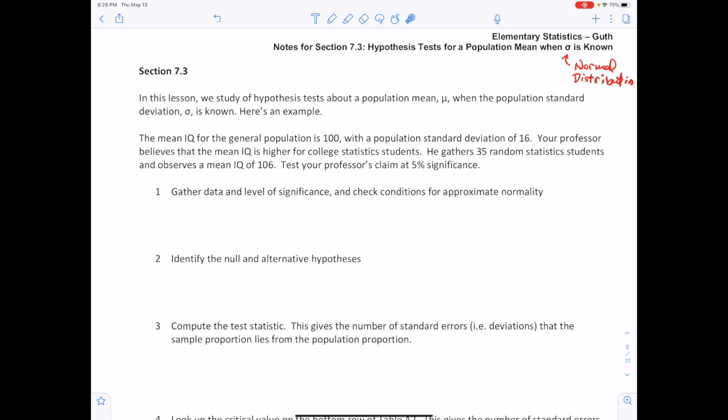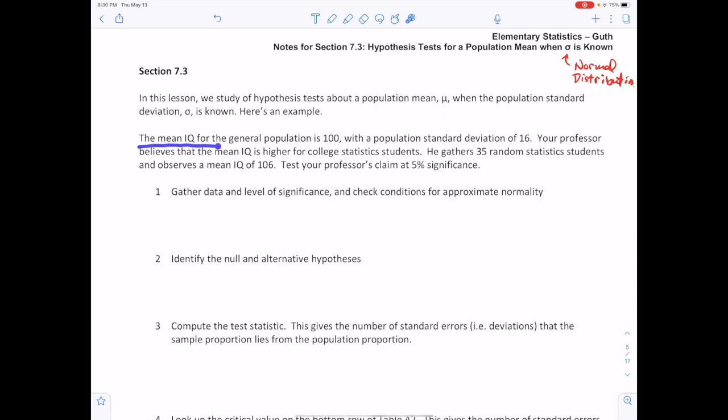There are theoretical situations where you might know a population standard deviation, but in practice, this is not the case. Just to make sure you understand, the population standard deviation is rarely known. So in the end, we're going to have to use the sample standard deviation, but that'll force a t-distribution on this. Okay, let's go ahead and jump into the example.